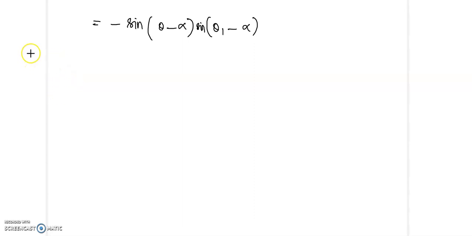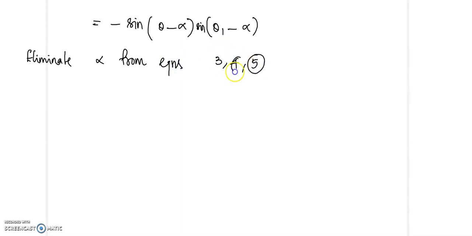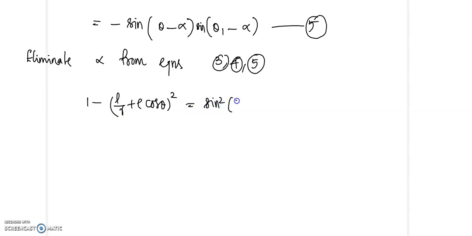So eliminate alpha from equations 3, 4, 5. So this is our equation 5. From equation 3 we have (1 − L/r + e cos θ)² equal to sin²(θ−α).